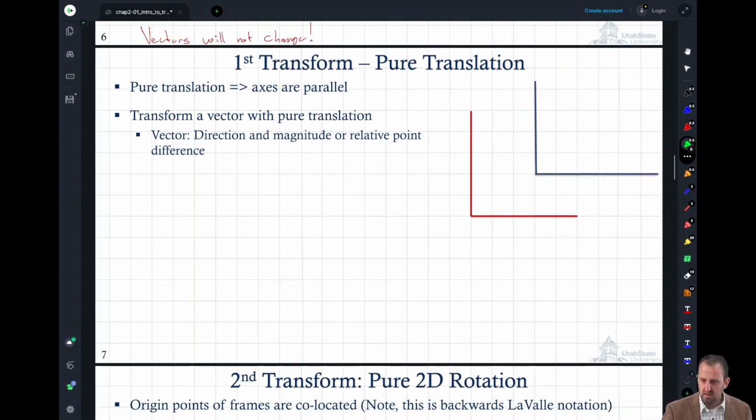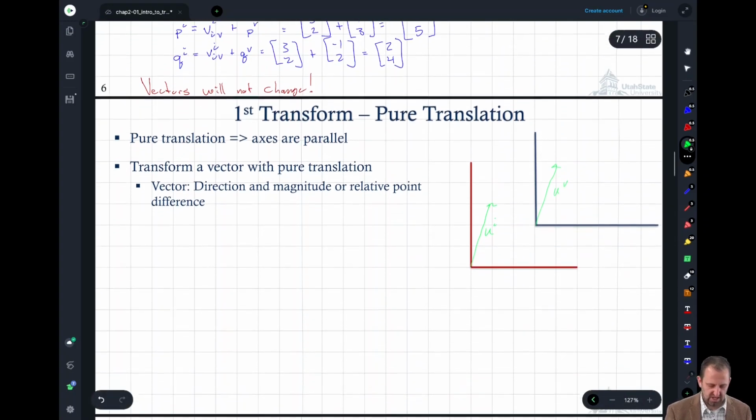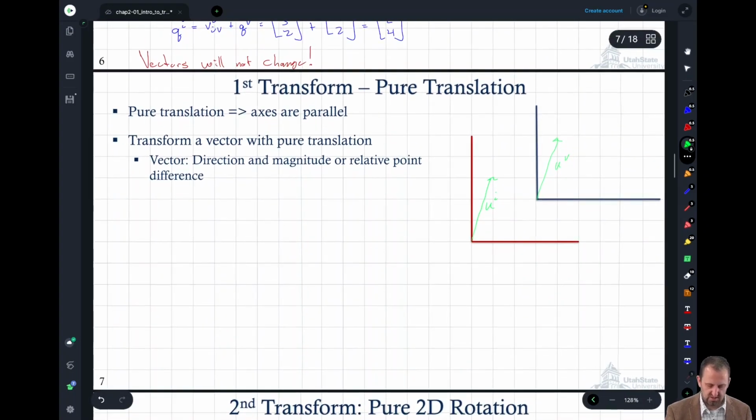Excellent. So we can look at that vector transform slightly differently, right? So again, we had our u in the I frame, and we have our u in the V frame. I just gave you that rule where it's not going to change. But let's just show that fact by noting that u is just the difference between 2 points.